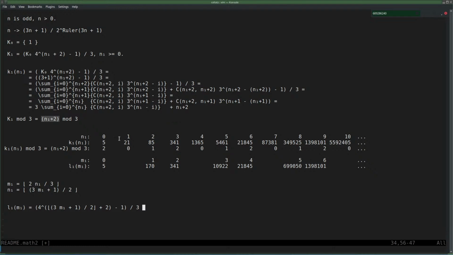That's nonsense. We want to work with m1. So when is it the case? Well, we multiply by 2 here and here and here. So yes, it's kind of coincidence like crazy.